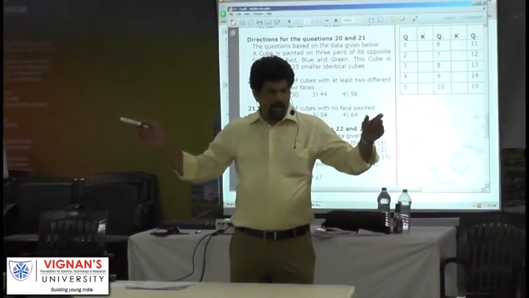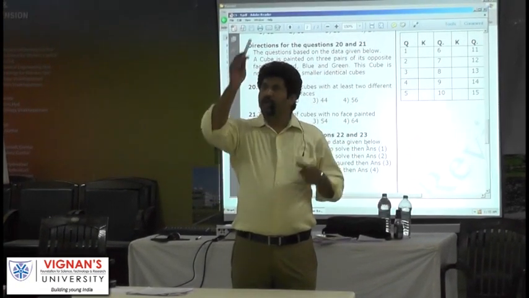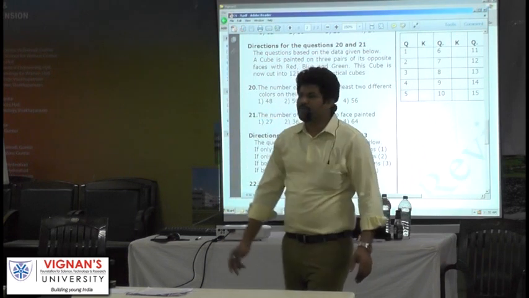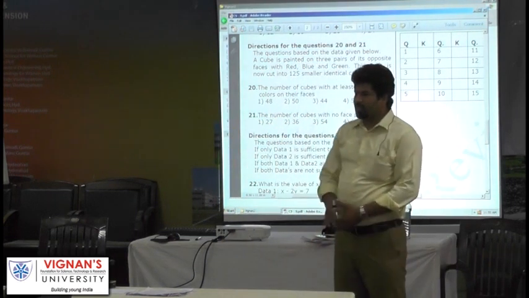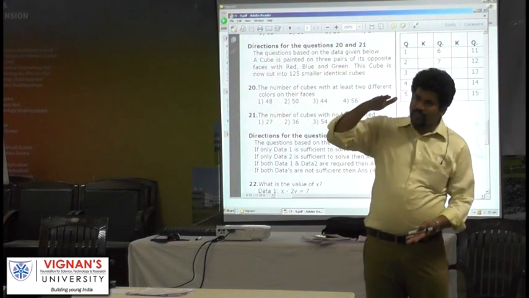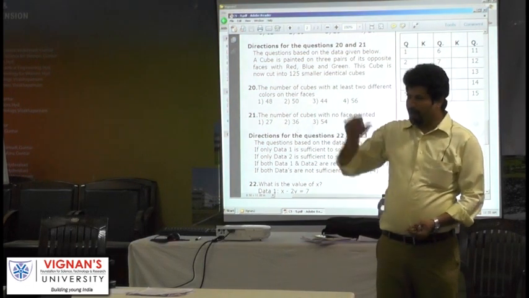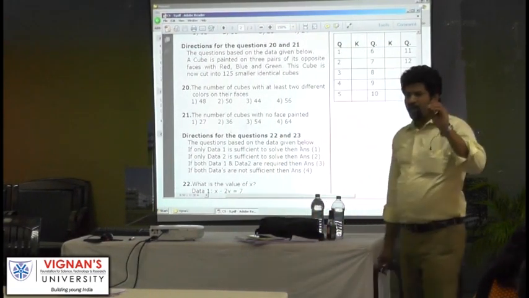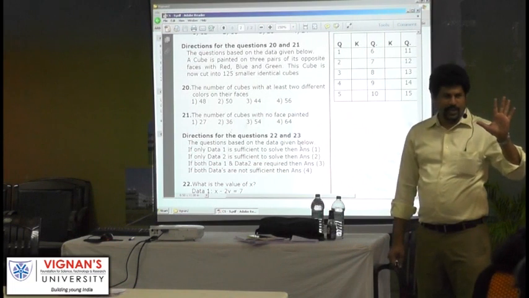And it is cut into how many pieces? 125 means you have 5 layers, each layer having 25. Or you take any edge, you have exactly 5 cubes along each edge.